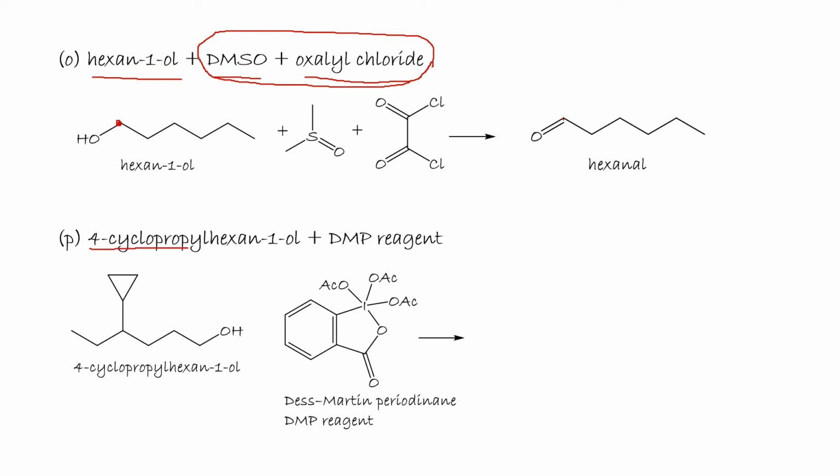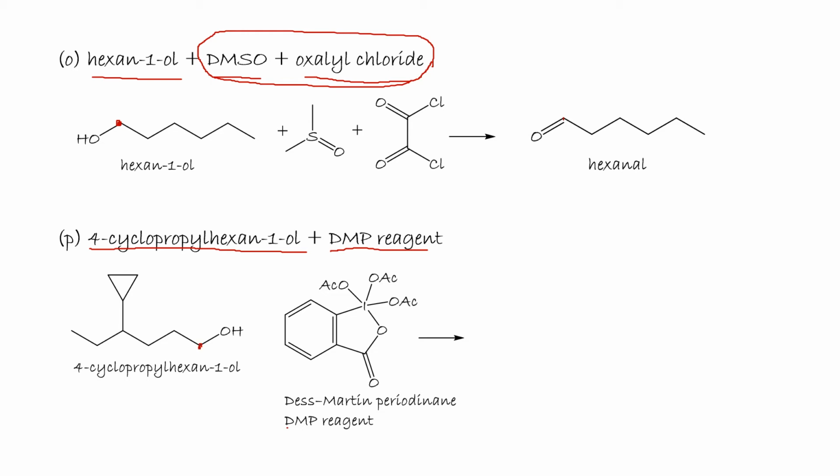For the cyclopropylhexan-1-ol, DMP reagent, which we call Dess-Martin periodinane, is known to oxidize again the primary alcohol to an aldehyde and stop.